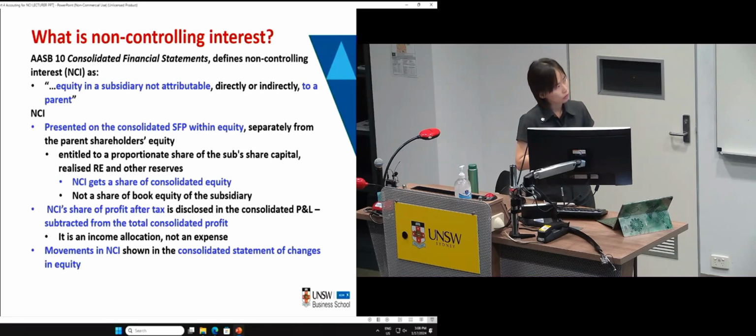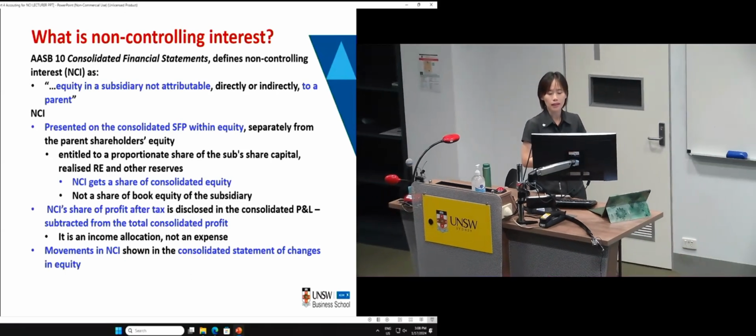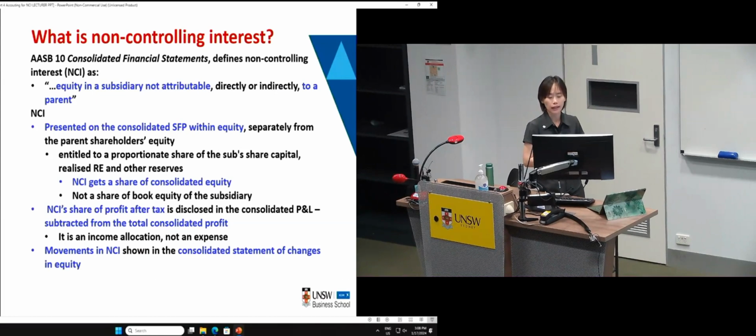Now, how to identify the NCI share of the consolidated equity? Just be careful. It's not simply a share of the book equity of the subsidiary. That is not right, okay? Because the subsidiary's equity will be adjusted due to the fair value adjustment or due to the existence of intragroup transactions.